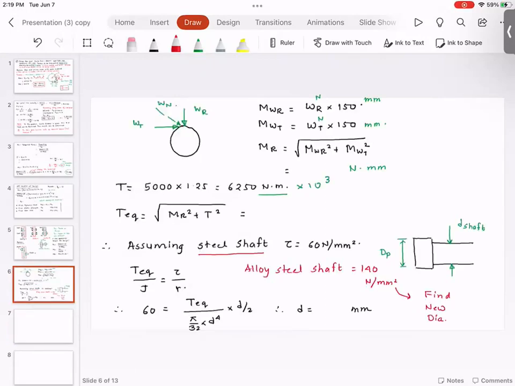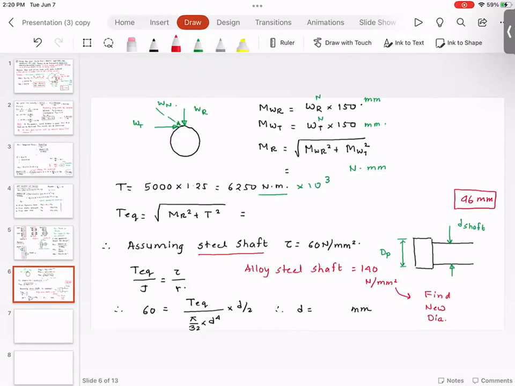So the diameter of the shaft is 96 millimeters, and the pitch circle diameter is 182. So this is good. Is everyone okay with me so far?